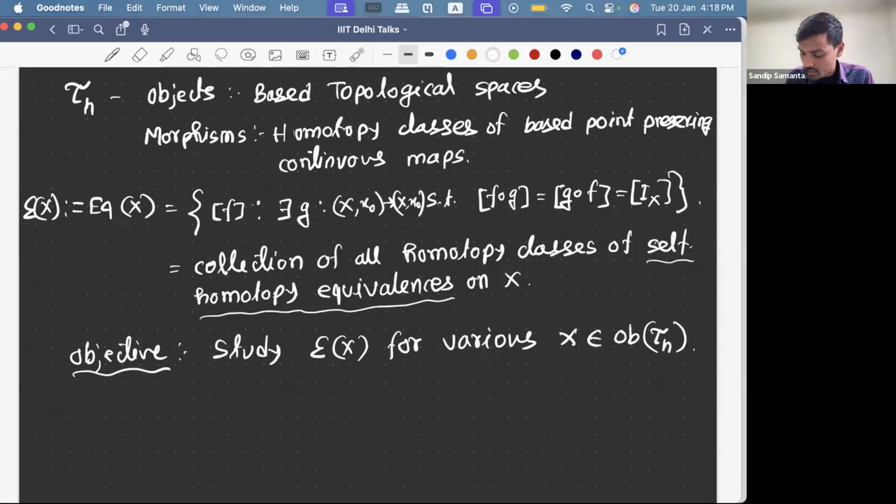Why are we suddenly particularly interested in this? A bit of motivation: see that this E(X) group is already a homotopy invariant.